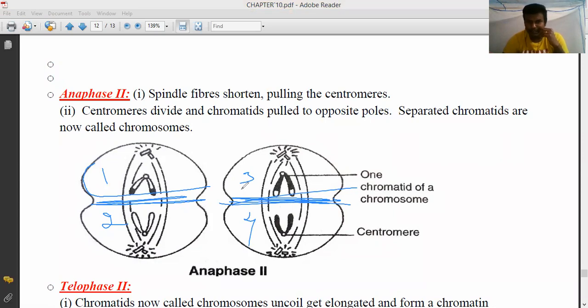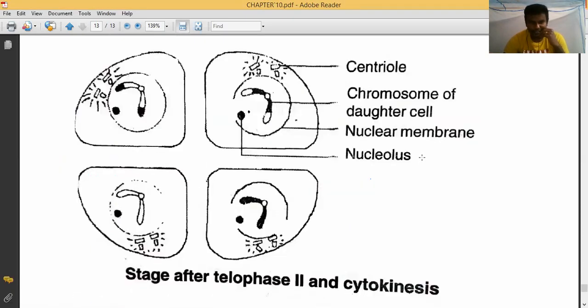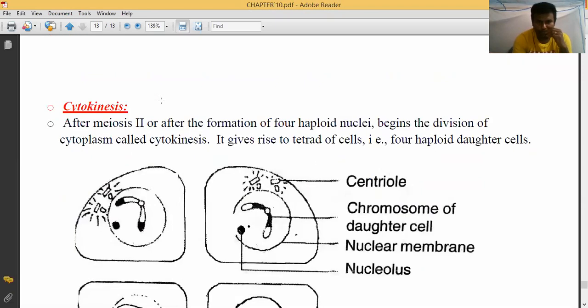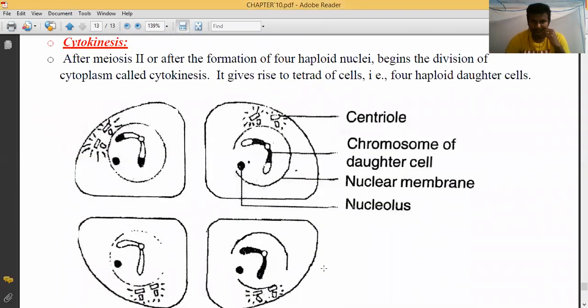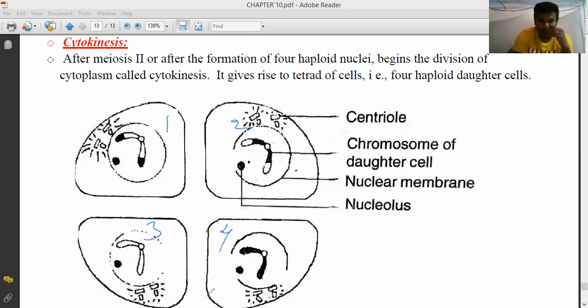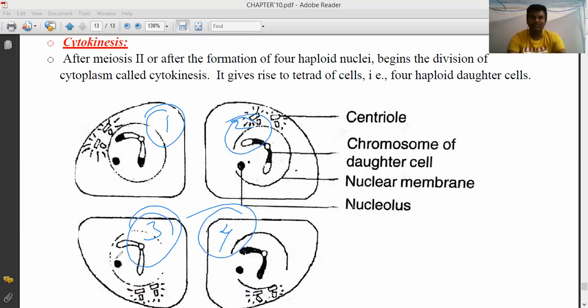Then it becomes four cells: one, two, three, four. Like cytokinesis 1, cytokinesis 2 also happens. As a result of meiosis 2, a total of four daughter cells are formed. With this, meiosis 2 divisions are finished.